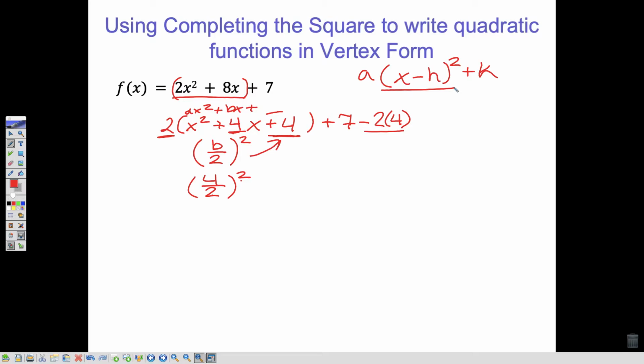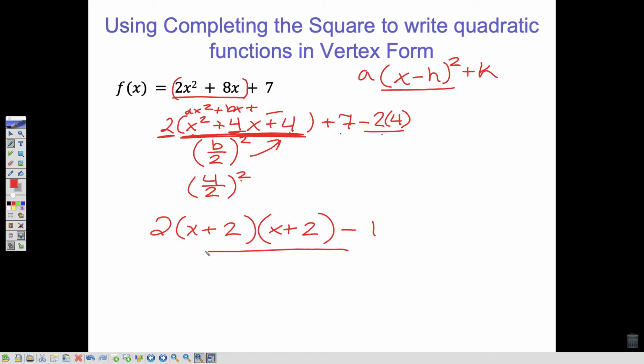Okay. So, we're going to factor this. So I have 2. And I have the factors of 4 that add to 4 are what? 2 and 2, and they're both positive. And 7 minus 8, negative 1.